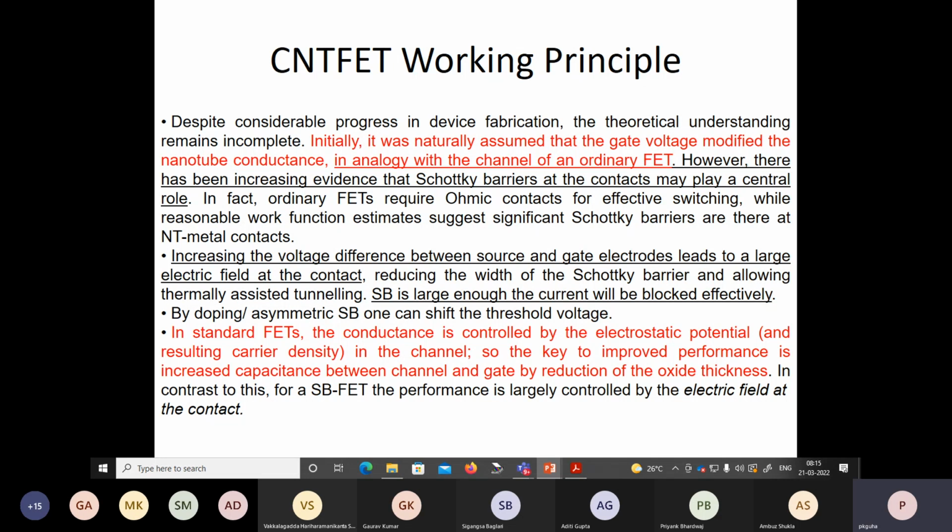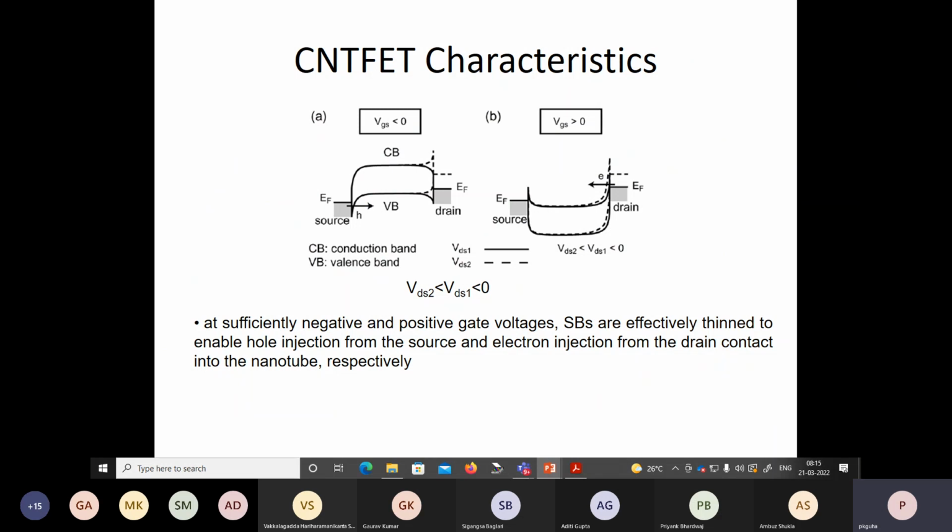Schottky barriers exist both at the source side and the drain side, and you apply gate voltage to thin down the Schottky barrier. Depending on which barrier you are thinning, you might have hole conduction through the valence band, or electron conduction through the conduction band. This is how it gives you both p type and n type conduction, depending on what kind of voltage you are applying at the gate, and also between drain and source.